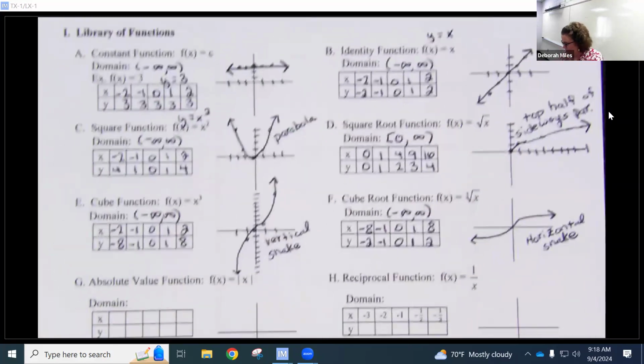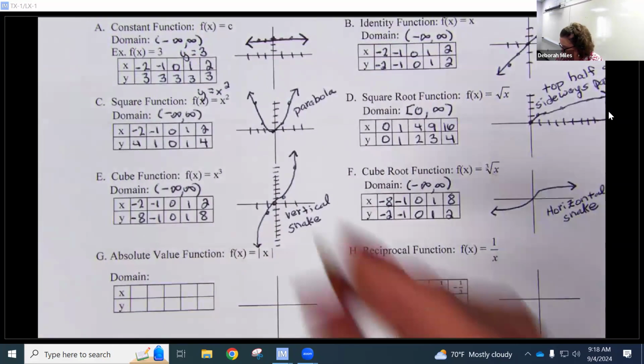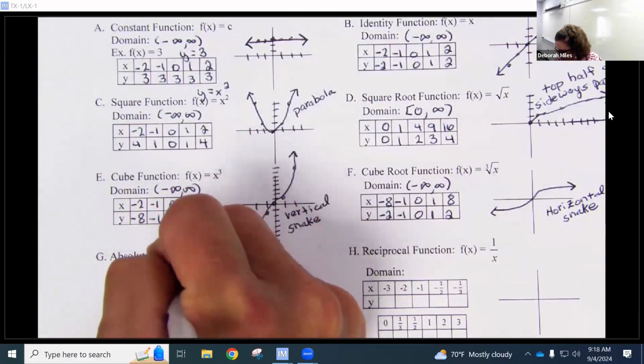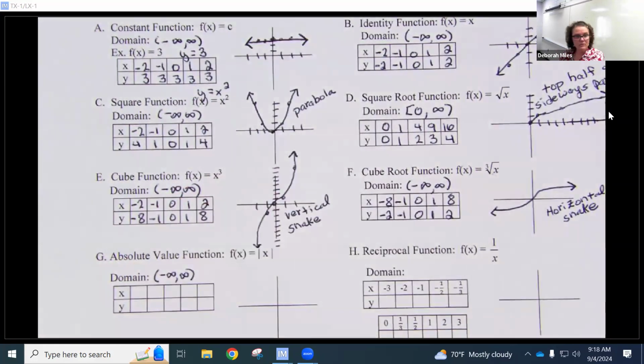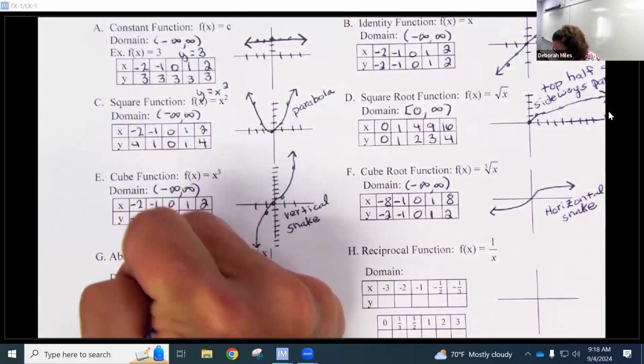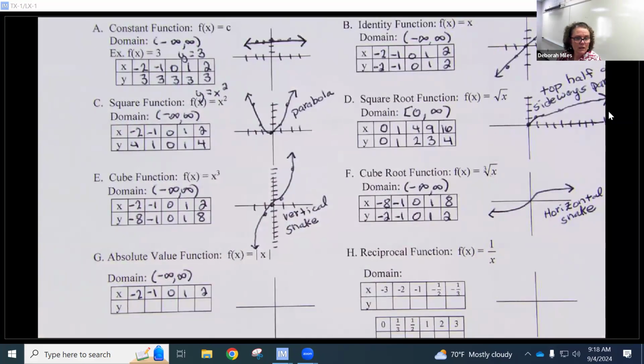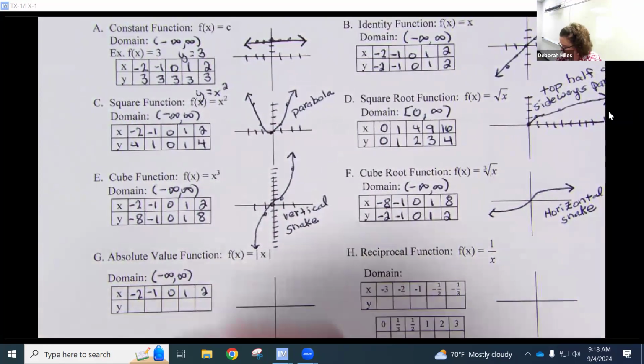All right, two more. f of x equals absolute value of x. What's the domain? What numbers can you take the absolute value of? Well, you can take the absolute value of anything. So the domain is negative infinity to infinity. So pick some negative x's and some positive x's, and take the absolute value of each of those x's.